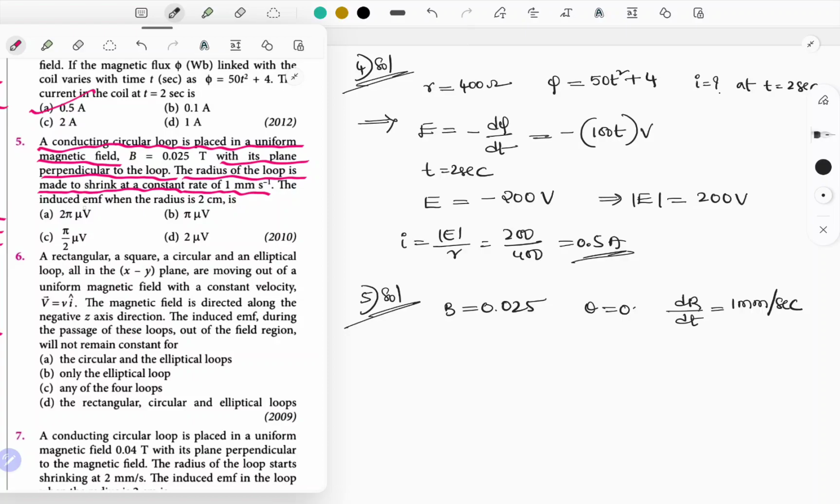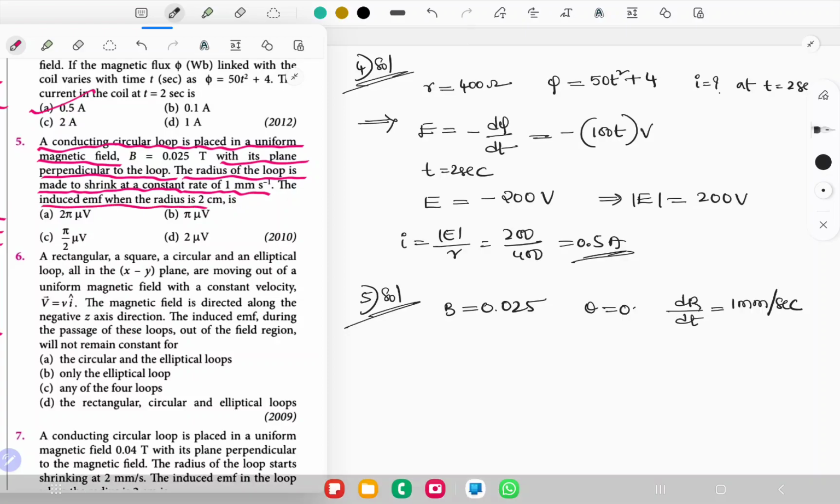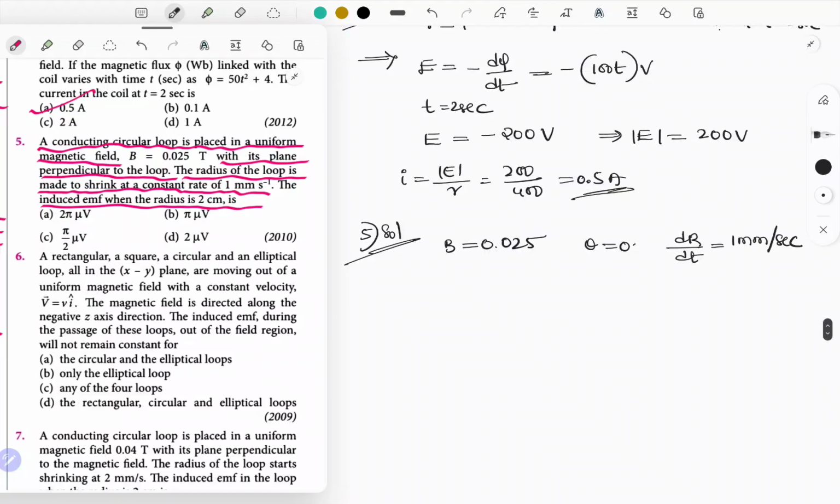Now the question they are asking is the induced EMF when radius is 2 centimeter. So magnitude of induced EMF is d phi by dt, where d phi is replaced as B A cos 0 by dt. So A is varying, that means dr by dt is varying.